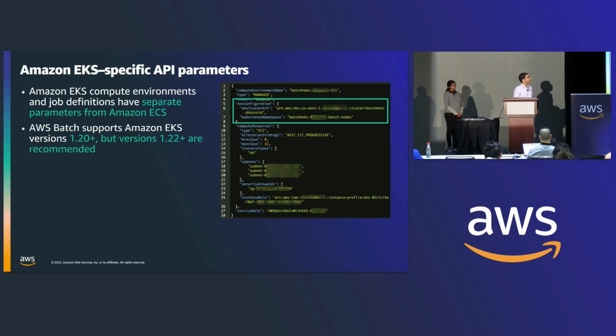So you'll get slightly better pod placement performance with 1.22 plus. And you can talk to the dev teams about that specifically, but we support anything above 1.20. And we're going to follow the support model of EKS. So the versions that EKS, the service, supports are the versions that batch will support as well.